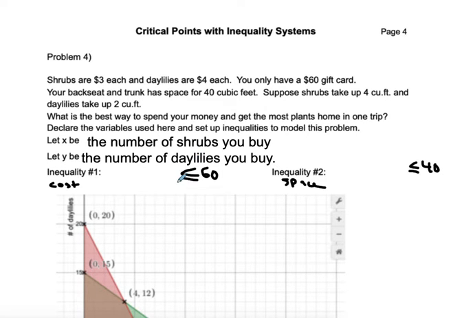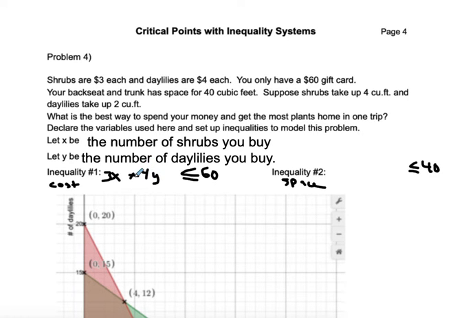Now when you buy something, you want to multiply the price by the number that you got. Well, the shrubs are $3 each, and the amount that we're getting is what we call x. So when you multiply 3 times x, you're spending that much money on shrubs. And the daylilies are $4 each, so when you multiply the y value, the number of daylilies you buy, times 4, the cost per one, you're going to get a grand total cost of how much you're spending on daylilies.